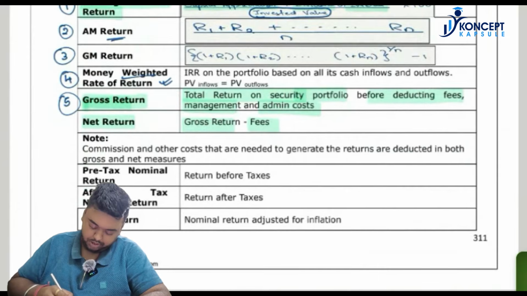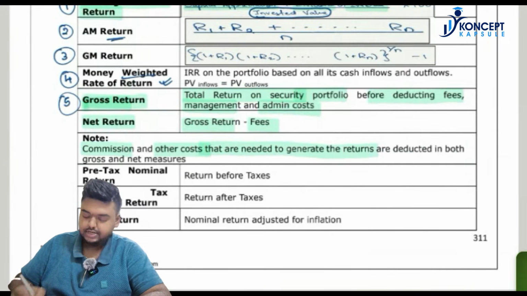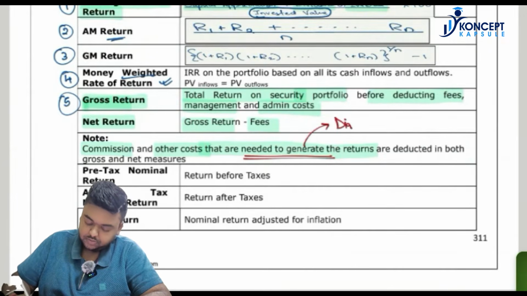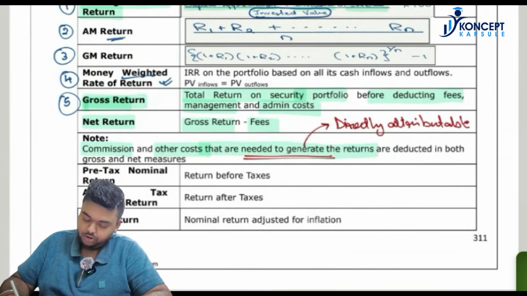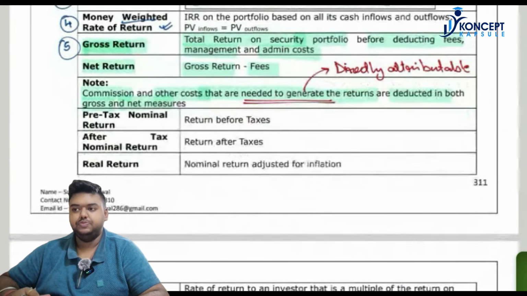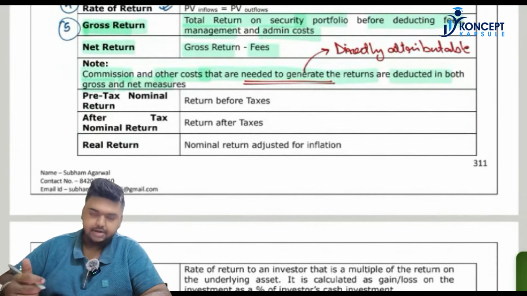However, an important point to note: commissions and other costs that are needed to generate the returns, so basically directly attributable, are deducted in both gross and net return. Are we clear?